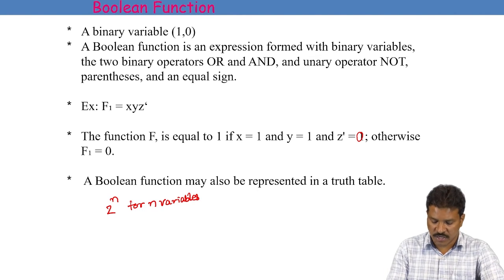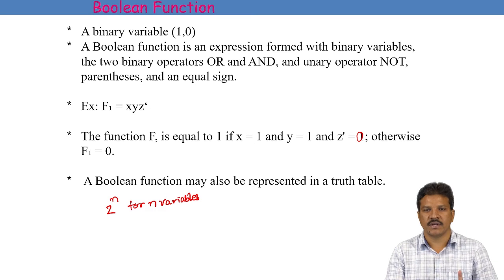A Boolean function can be represented in two ways. One is the direct representation of Boolean expressions using variables and operators, with the function on the left side equal to the Boolean variables and operators. We can represent it as a Boolean function or switching function.